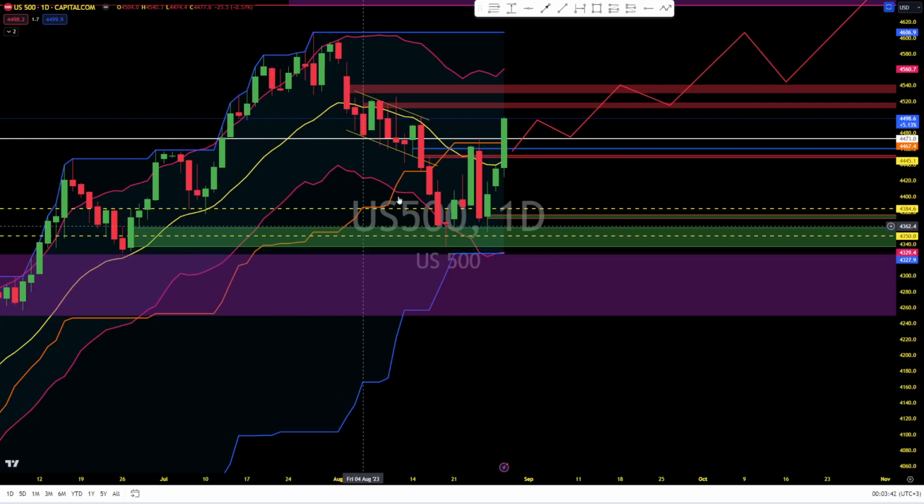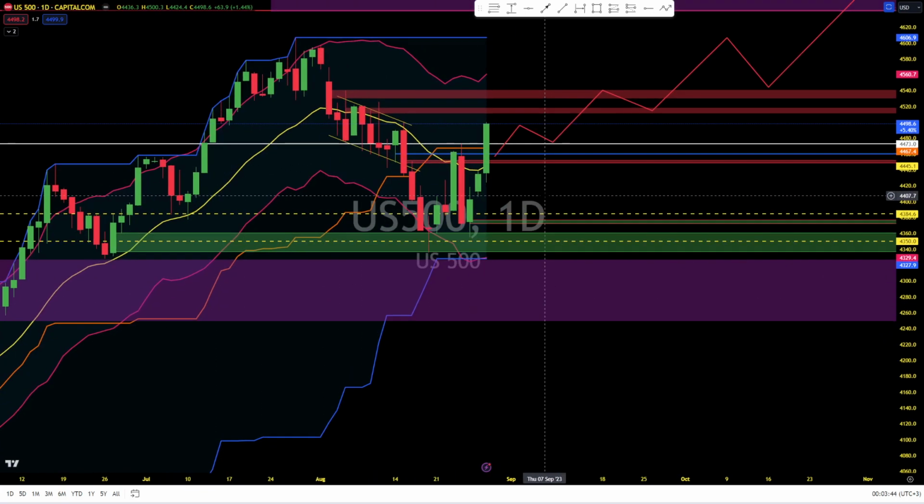About playing this line as support or resistance, I would say you have to consider it as long as the uptrend remains intact, which it is. As long as this is a bull market, I would not look to play this line as resistance ever, because that's what other people won't be doing.